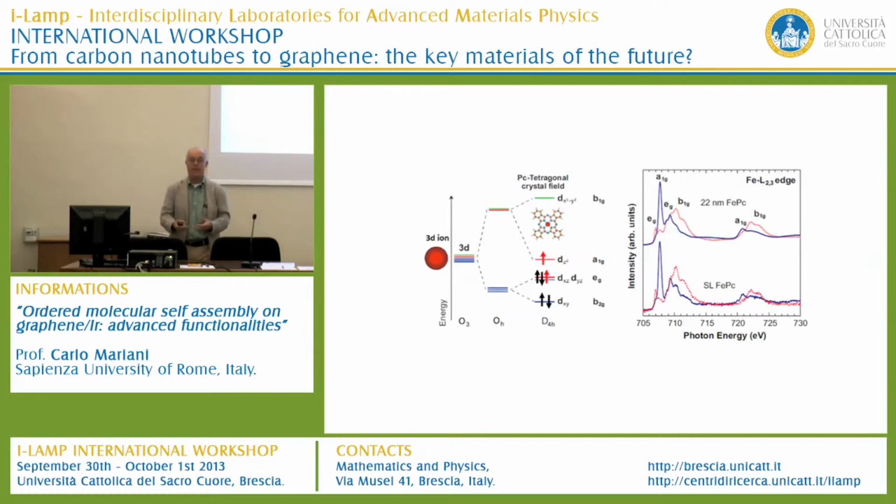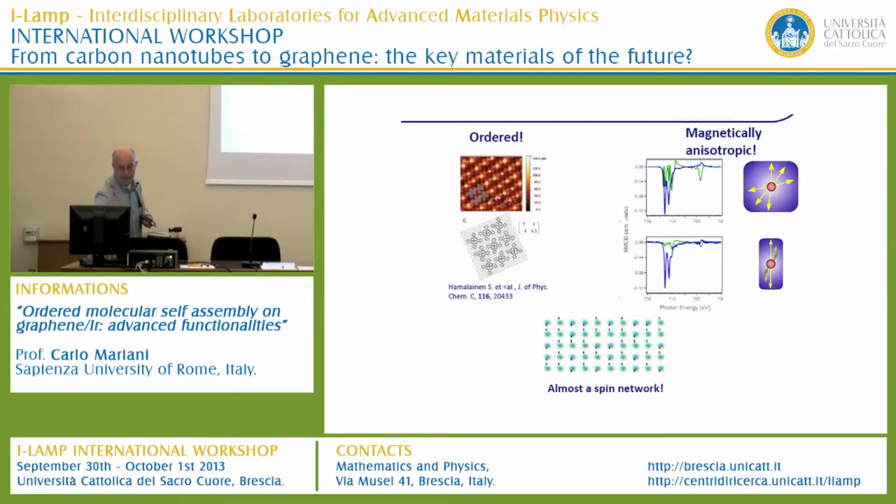So probably correlation, more than breaking of symmetry, may play a role in determining this strong anisotropy. So, conclusion: we have got almost a spin network of spin states by using iron phthalocyanine on graphene.